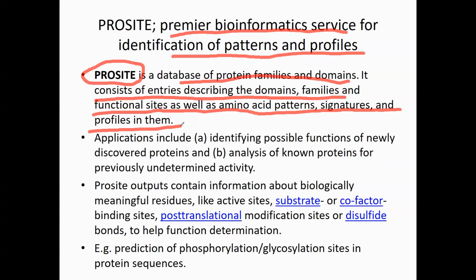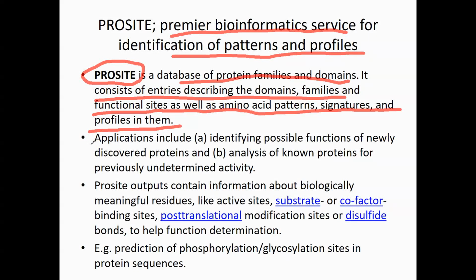So in case of proteins, patterns are the signature of the protein. If a protein has a specific pattern, we will say that this pattern is the signature of this protein, that this protein belongs to that particular family of protein.